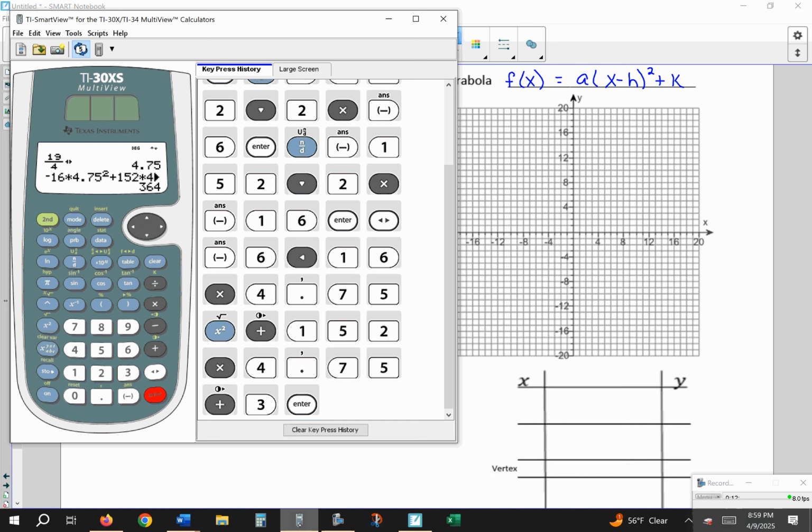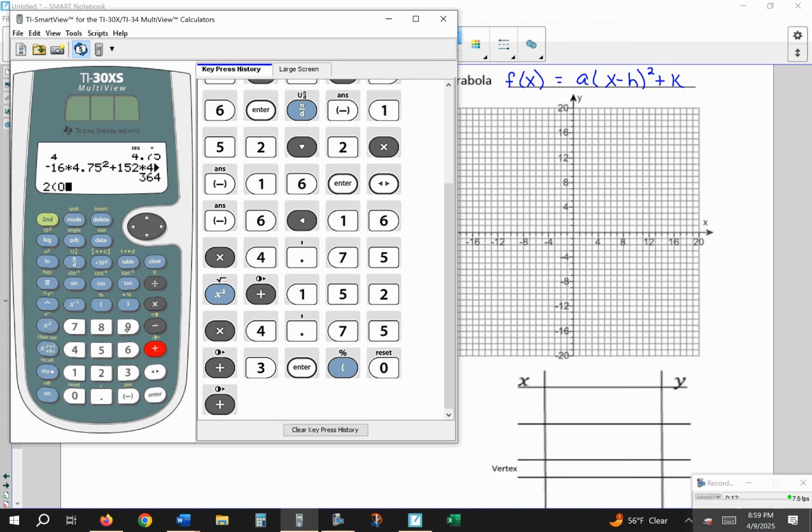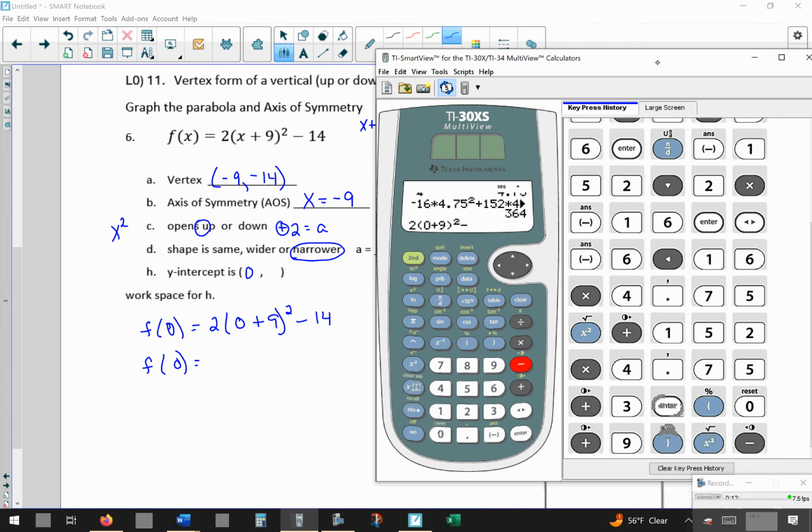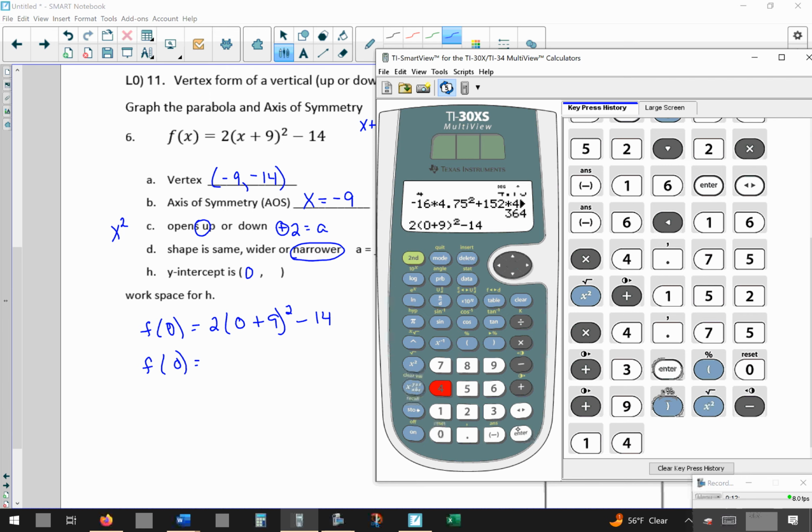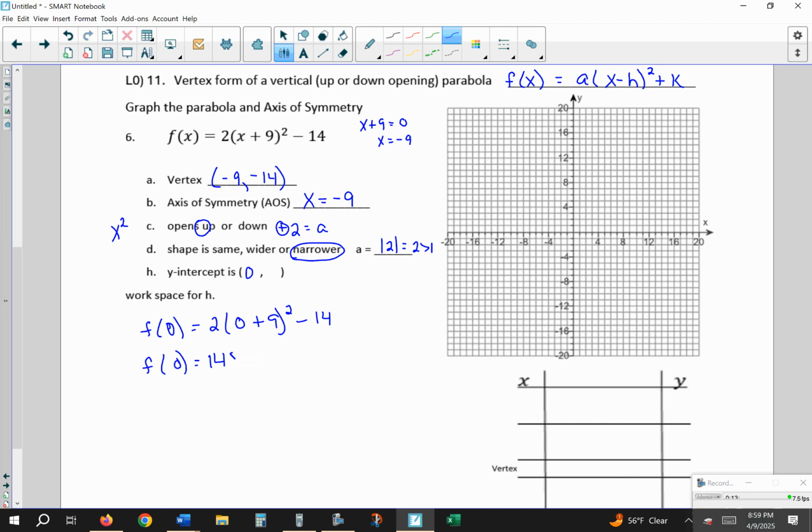I don't need to do it in my head. 2 parentheses 0 plus 9, close my parenthesis, quantity squared, minus 14. That gives me 148. So the ordered pair 0, 148, that's where this parabola is going to cross the y-axis. That's what y-intercept, of course, means. So we know on a 20 by 20 graph, we are not going to see where it crosses because it's crossing way up there.